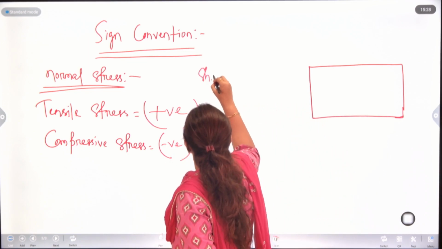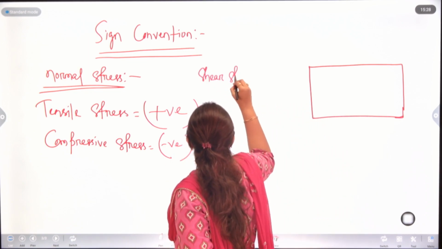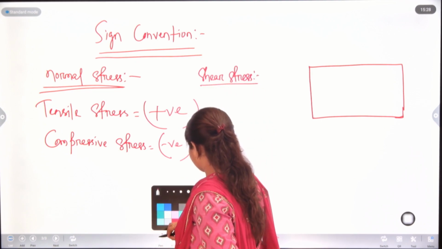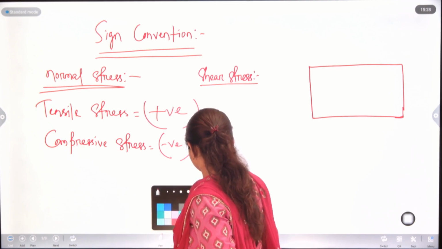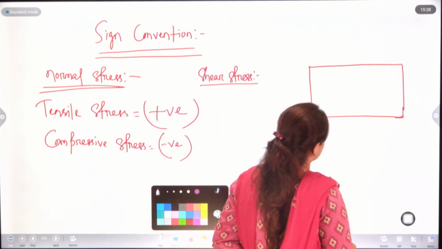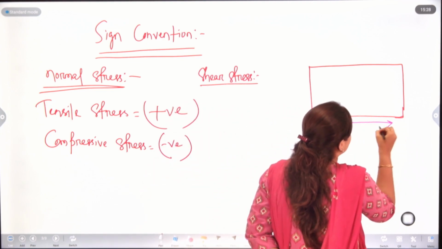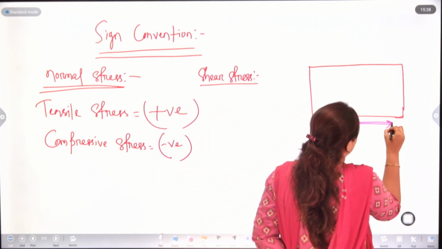In the case of shear stress, we have already seen that it acts parallel to the body.